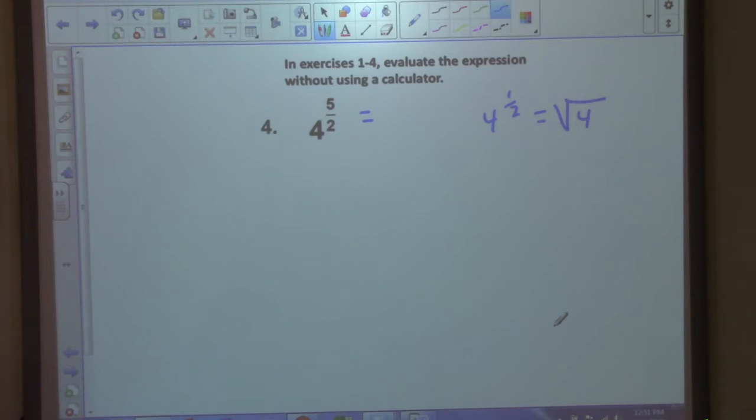Hint. So 4 to the 5/2 power is going to be the same as the square root of 4, to the 5th power.